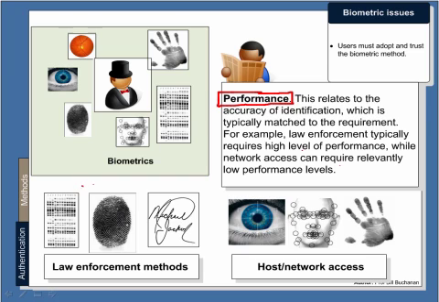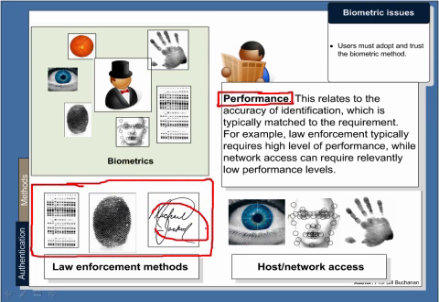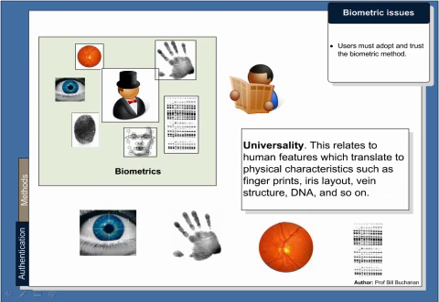But for law enforcement, there are standard techniques which need to be used, and these include DNA, fingerprints, and written signatures. For things like host and network access, an iris scan, face recognition, and handprints can be seen to be useful methods.